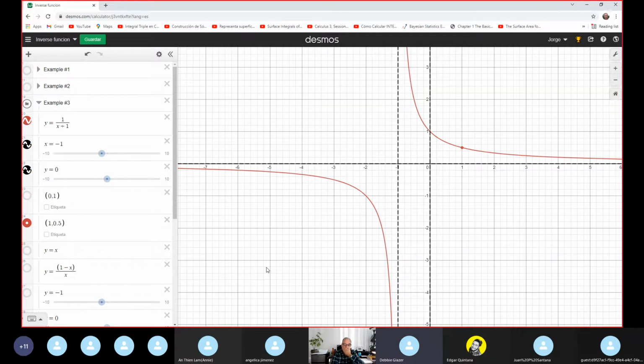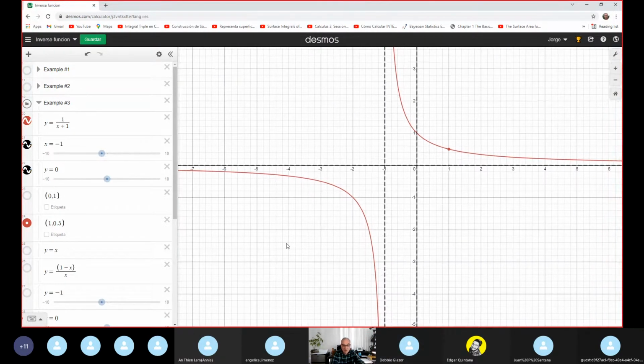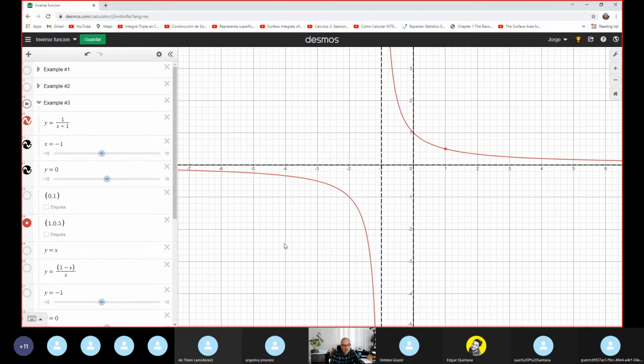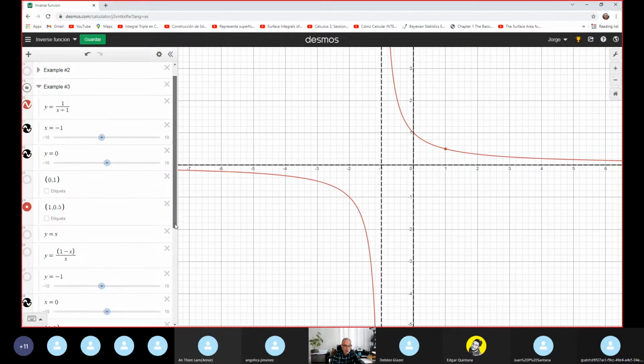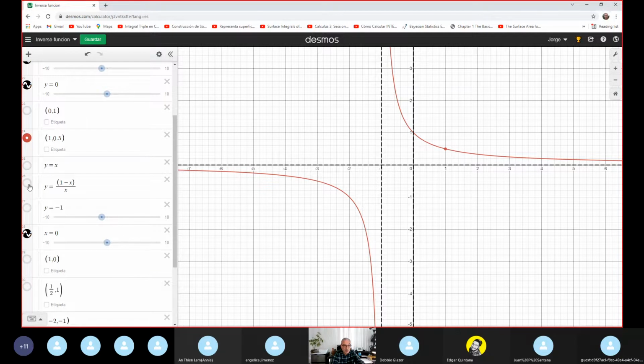Yes, Professor, I see it. This is the graph in red color of the original function. So we see one vertical asymptote at -1, and one horizontal at y equals 0. Super.